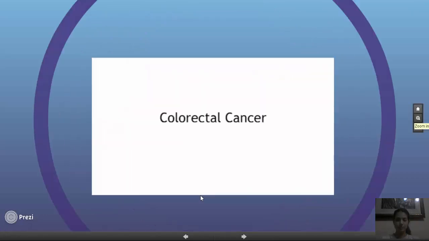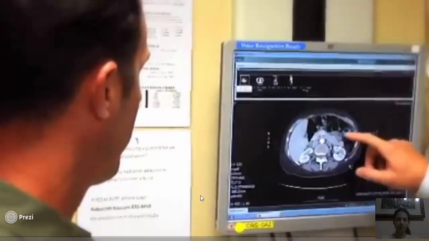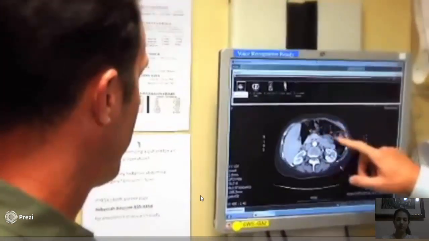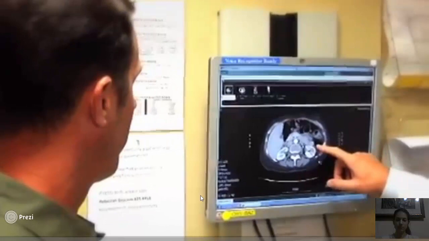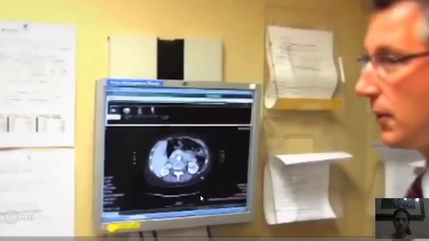Rectal cancer is a specific cancer diagnosis that is located in the very end of the colon, or what's considered the rectum. It grows on the inside of the lining and it can invade through the wall of the rectum and into other adjacent organs or into the lymph nodes around it.